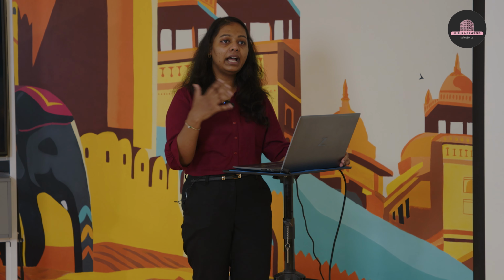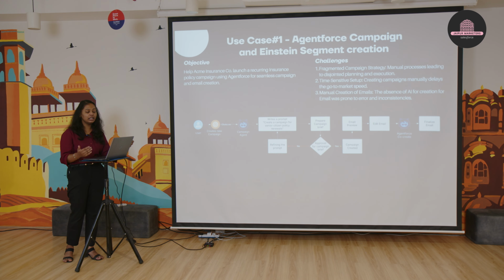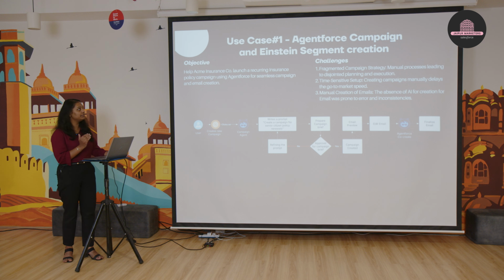And third is manual creation of emails. They have to hire a team of marketers and spend a lot of time on creative thinking to write and draft those emails and enhance the customer experience.